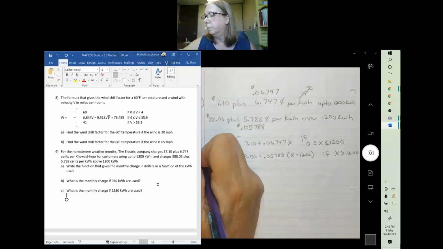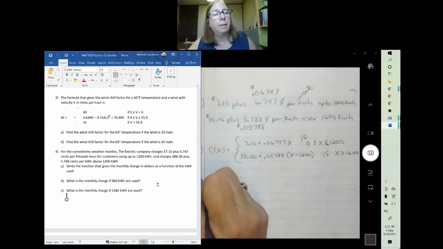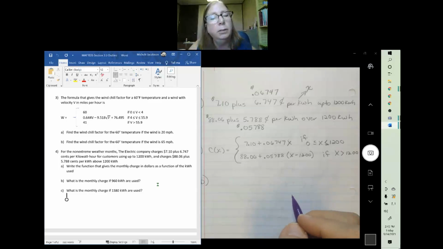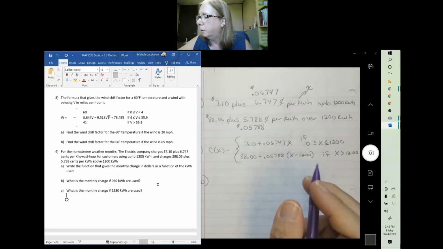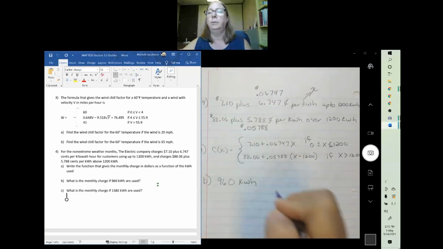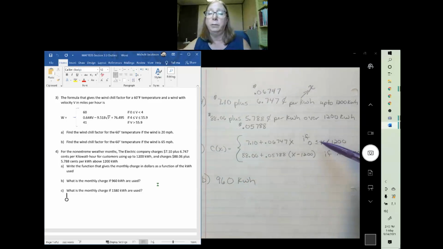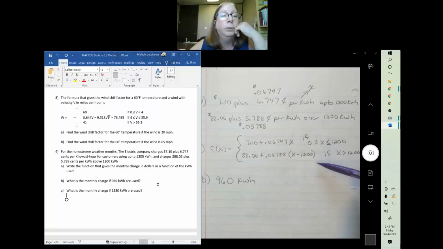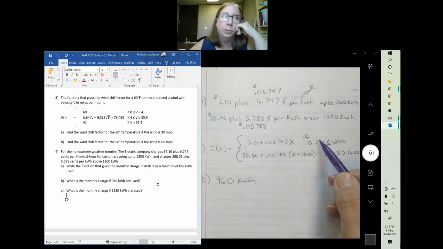So A was just the equation. What is the monthly charge if 960 kilowatt hours are used? Well, the first thing we want to do is decide which equation to use. Well, 960 is between here because it's less than 1200.